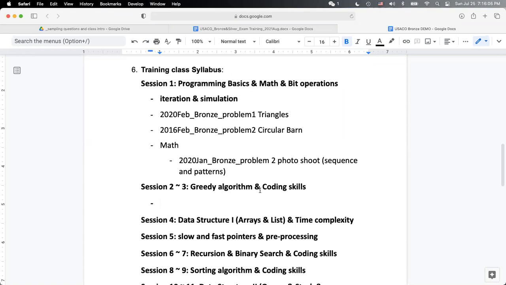By the way, dynamic programming we will not include for Bronze, since it's almost not going to happen at Bronze level.